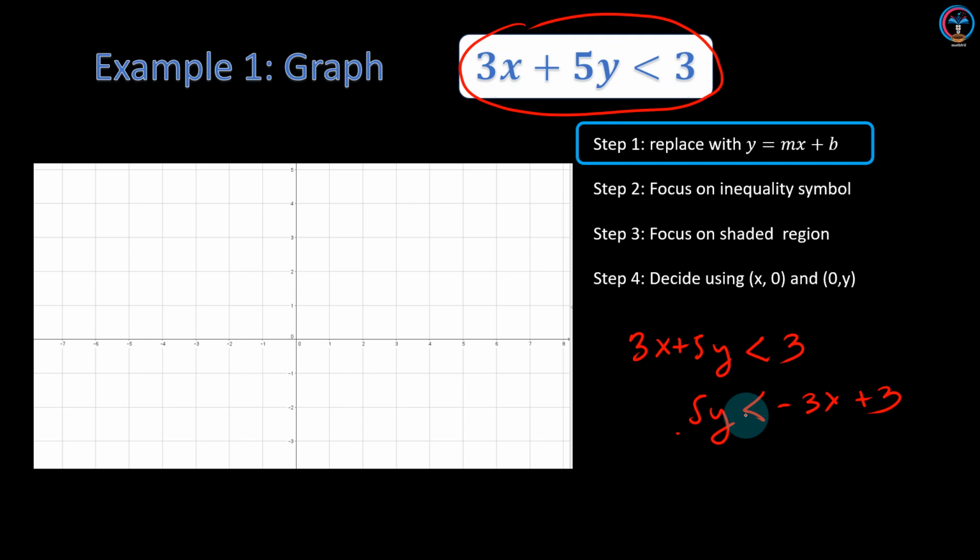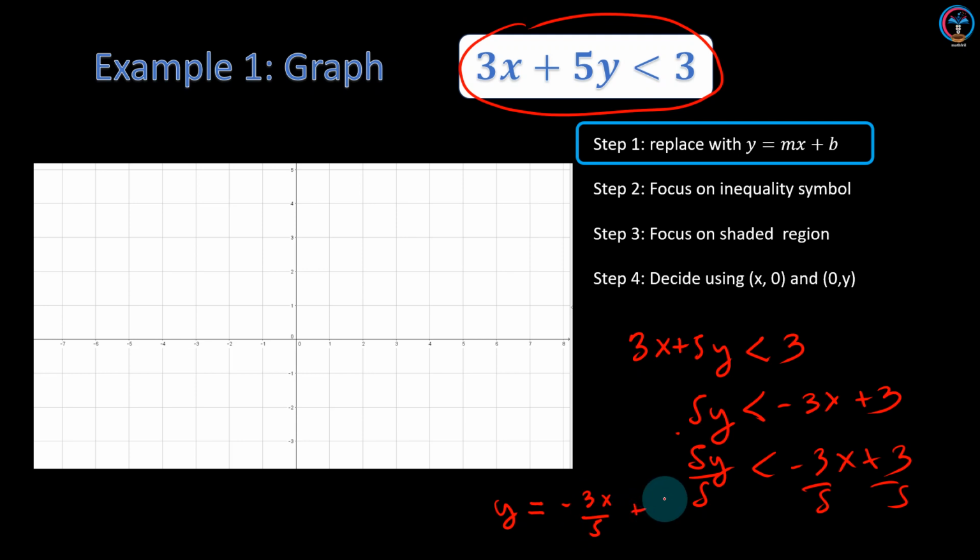So what will happen here now? 5y, divide everything by 5. Therefore, we get y equals negative 3x over 5 plus 3 over 5. This is the equation.